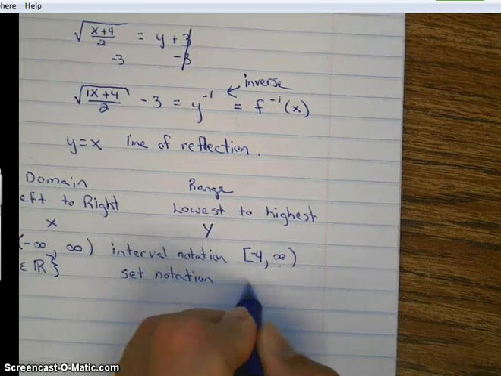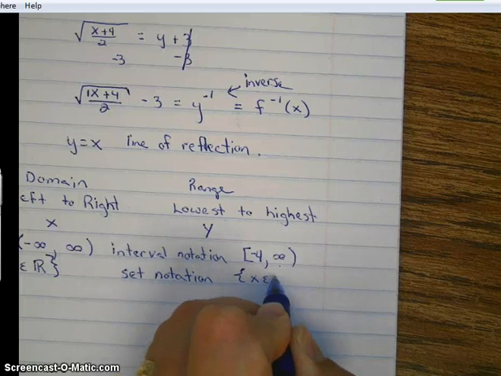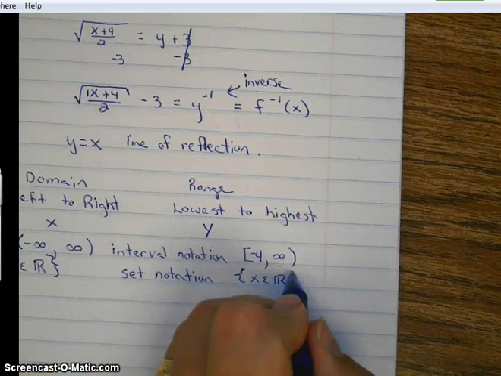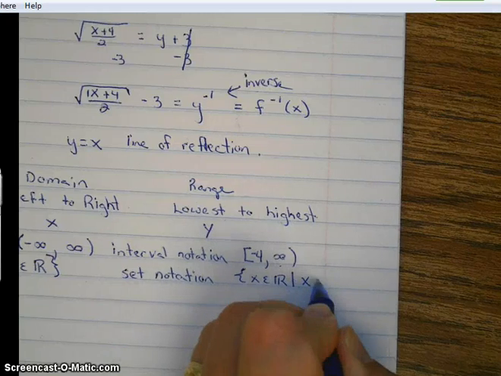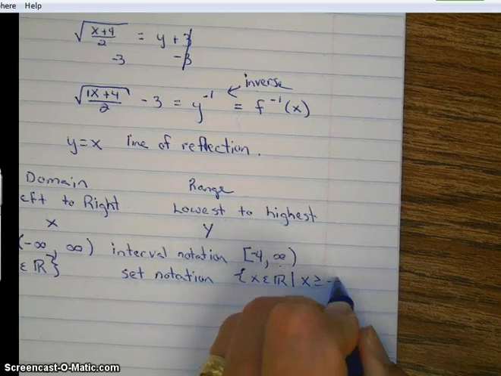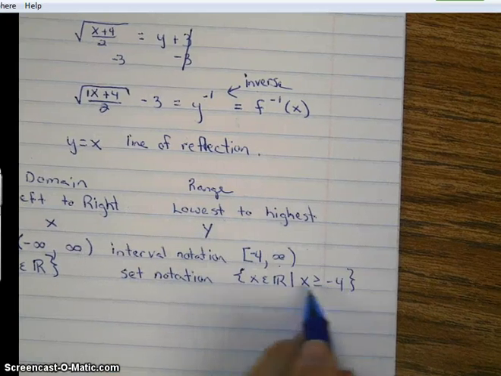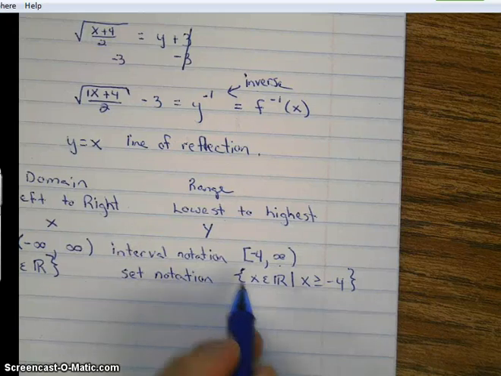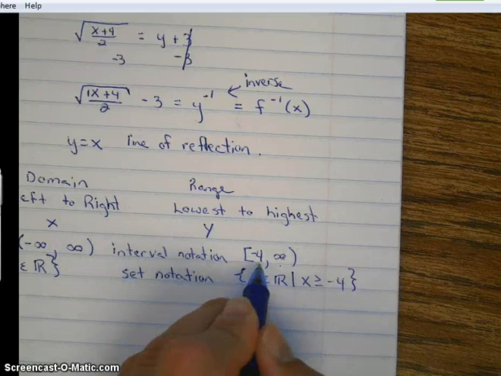So we're going to say x is an element of real numbers such that x is greater than or equal to -4. Now here's where we're using the inequality notation within the set notation, because we're going from -4 and the range values are getting bigger.